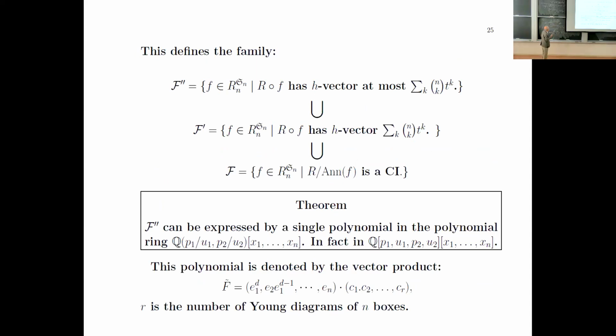I have changed a little bit about F and F prime and F double prime. First of all, if it's a family of any symmetric complete intersection, F prime consists of F such that the Artinian quotient of F has the same H vector as the complete intersection, and F double prime is a vector space which has H vector at most this binomial constant.